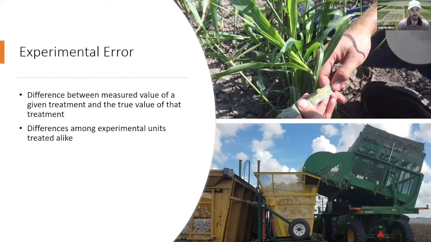So experimental error can be thought of a couple of ways. First is the difference between the value that we measure and the true value of that treatment. Let's say we're counting insects in a plot. We're only counting certain plants. We're not able to count insects on all the plants in that plot.